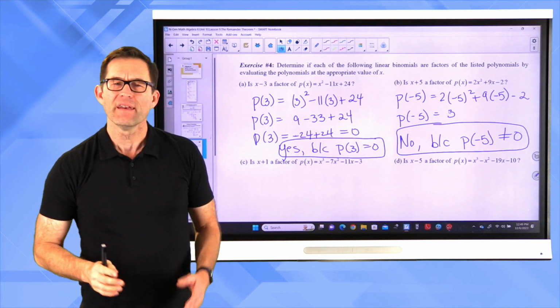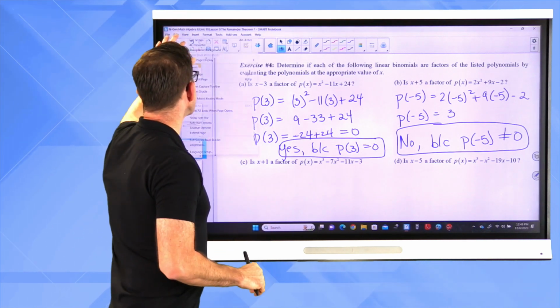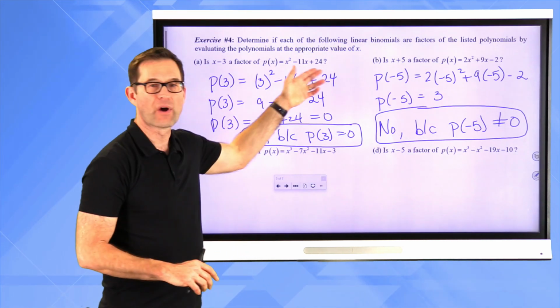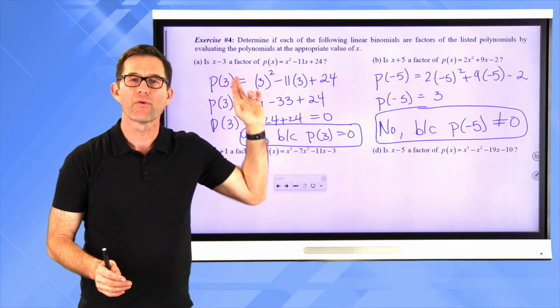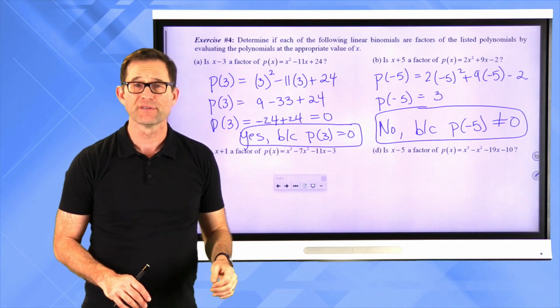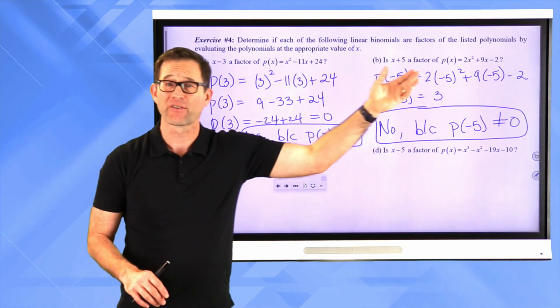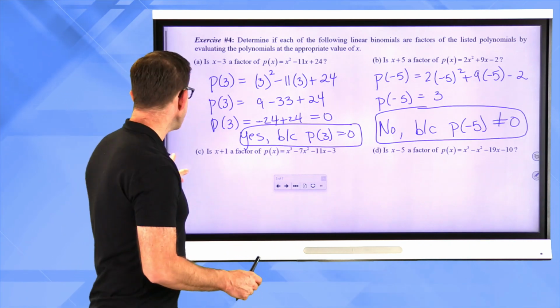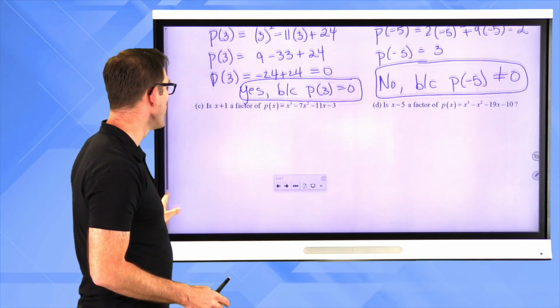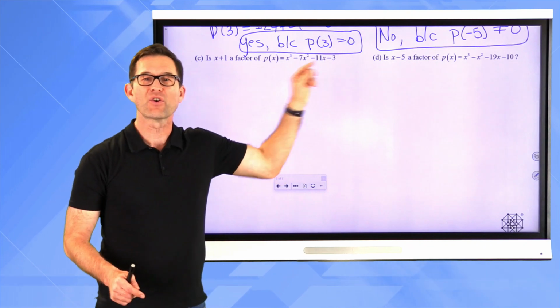All right. Now, letter A and letter B are both quadratics, right? And in theory, you could have figured out whether or not these two things were factors by simply literally factoring the two quadratics. You know how to factor quadratics. But this really becomes more helpful once we go 1 degree up.